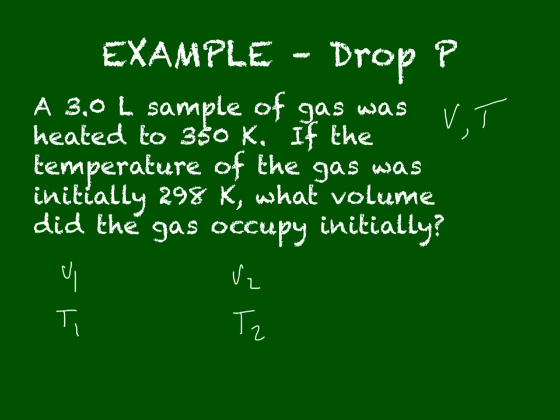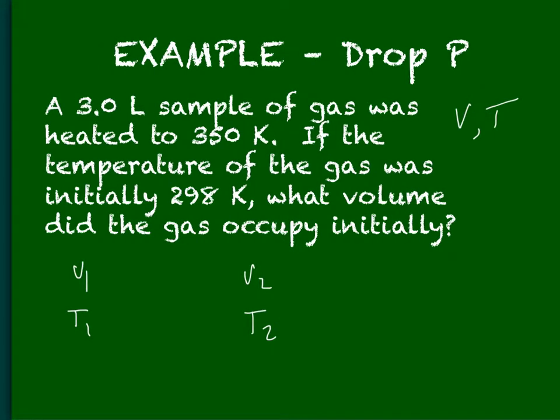So let's start filling in our variables here. It says a 3-liter sample of gas was heated to 350 Kelvin. If the temperature of the gas was initially 298 Kelvin, that means that the temperature final must be this 350 Kelvin, and the volume final must be that 3.0 liters, because they're asking what did the volume occupy initially.